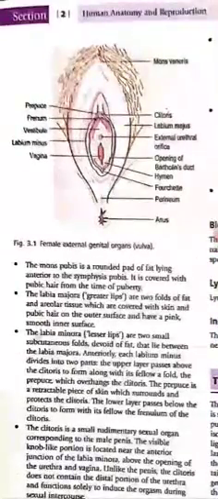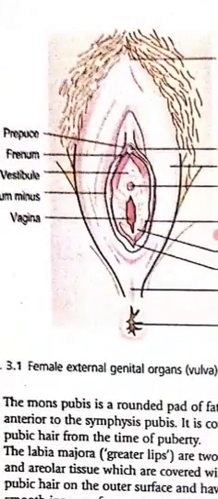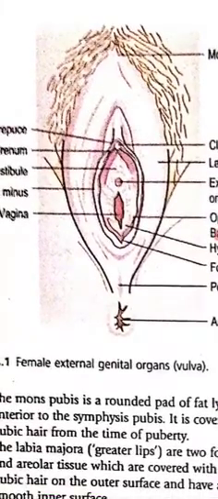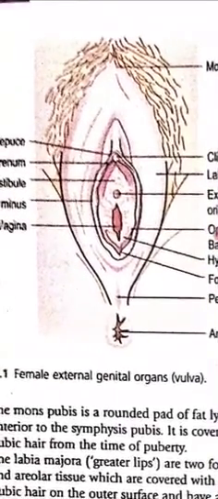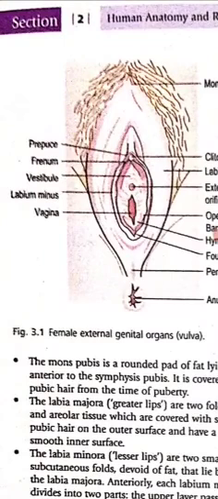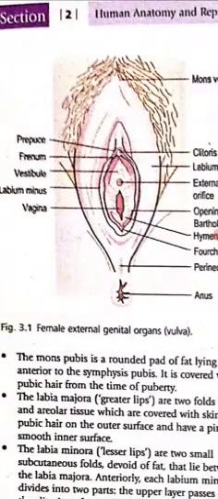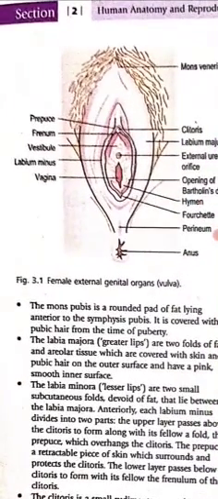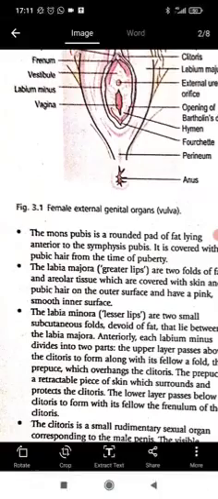You can see from this image here, this is the clitoris at the center. I wish I had a pointer. I will see about that next class. So the upper part that goes above the clitoris is called the prepuce, and the part that goes below the clitoris is called the frenulum. So that is the labia minora. Then when you come down posteriorly, the two labia minora join together to form what we call the fourchette.